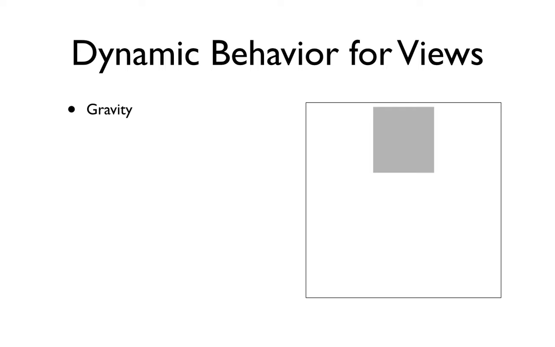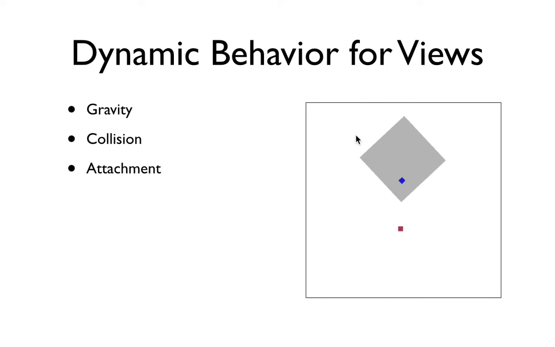So the first one is gravity. Very simple, just like a drop to the ground. The second one is gravity plus collision, so when you hit the ground, it bounces a little bit. The third one is the attachment.